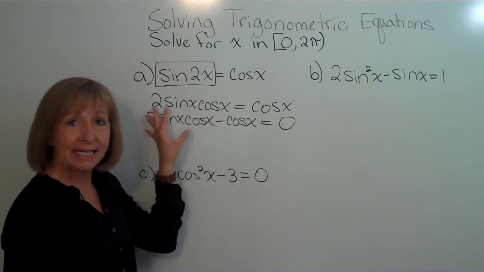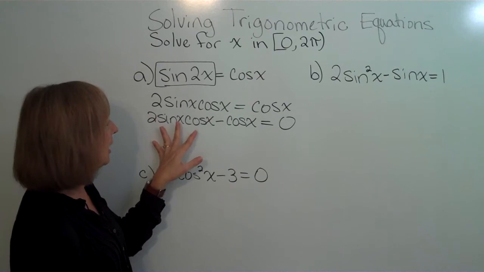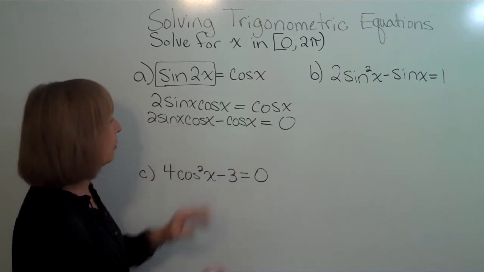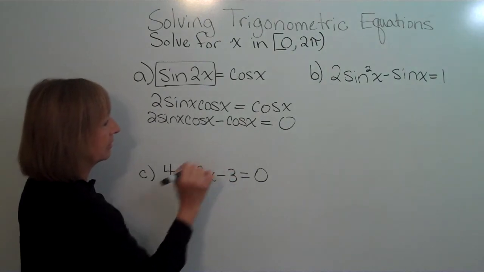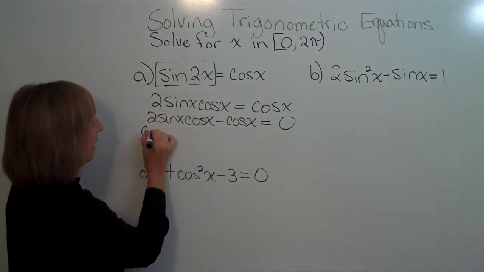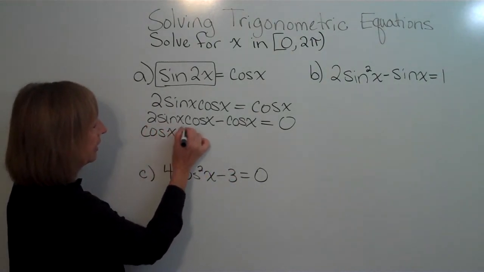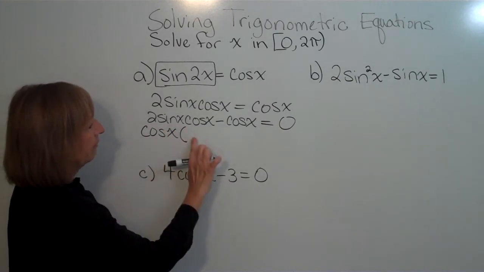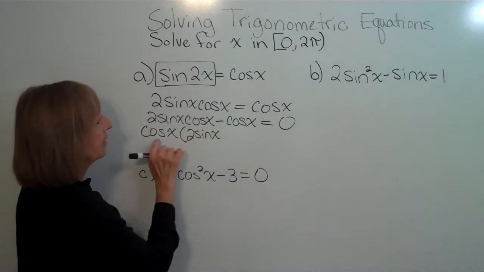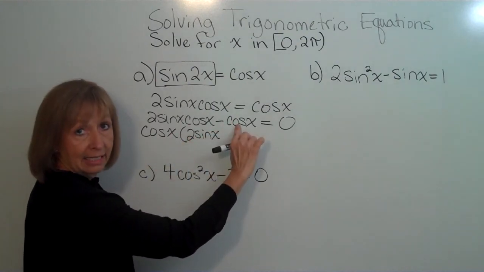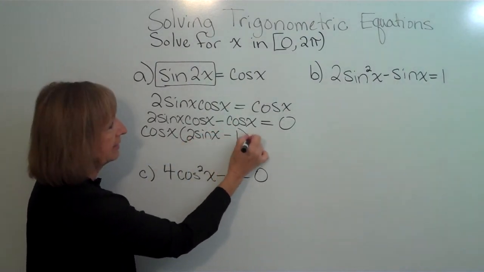Now on the left hand side I have this two-term expression that has a common factor of cosine x. So I'm going to factor out that common factor of cosine x, and that leaves me 2 sine x in the first term. And when I divide cosine x into negative cosine x, I get a negative 1 in my second term.